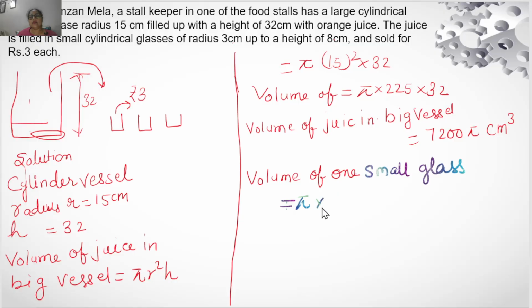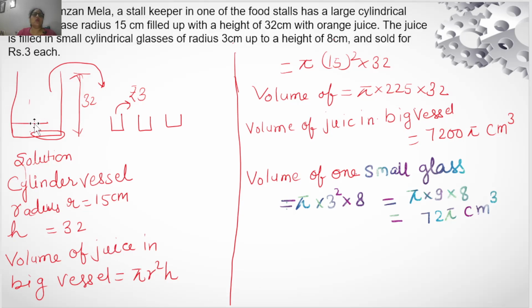R is 3 centimeter, so 3 square into 8. That will be pi into 9 into 8, which is 72 pi centimeter cube. Right?